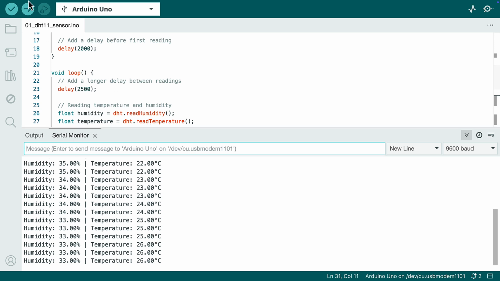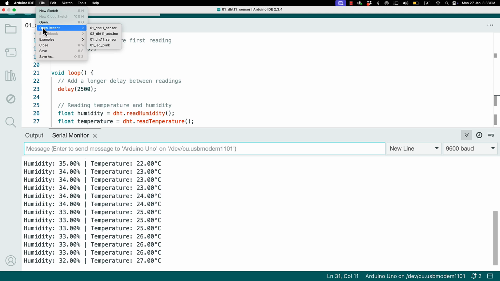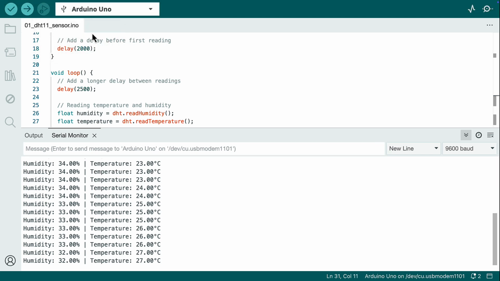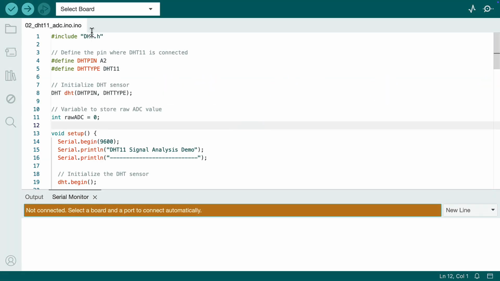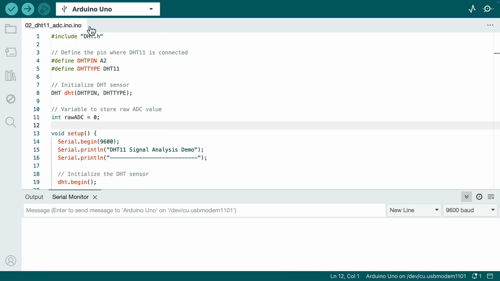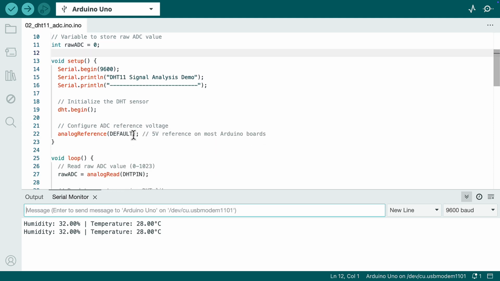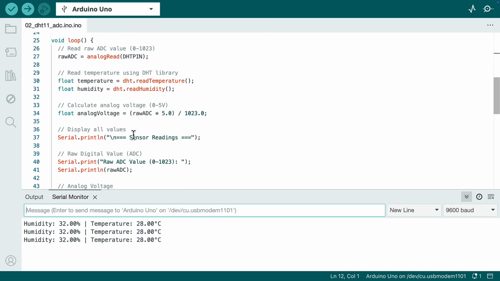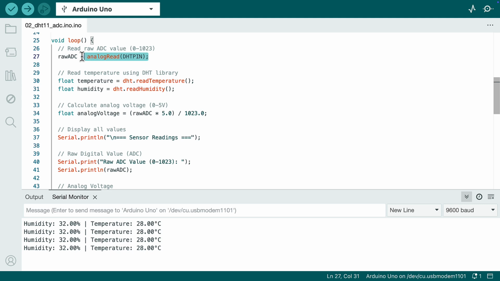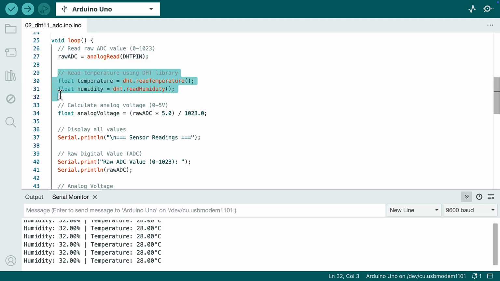And now let's try the second code, which will show us more details. Okay, I want to show. Select a board. I selected the board, this one. So it compiled. And look now, I will do the same thing, but I will read the analog device value, the temperature and humidity based on the DHT library.